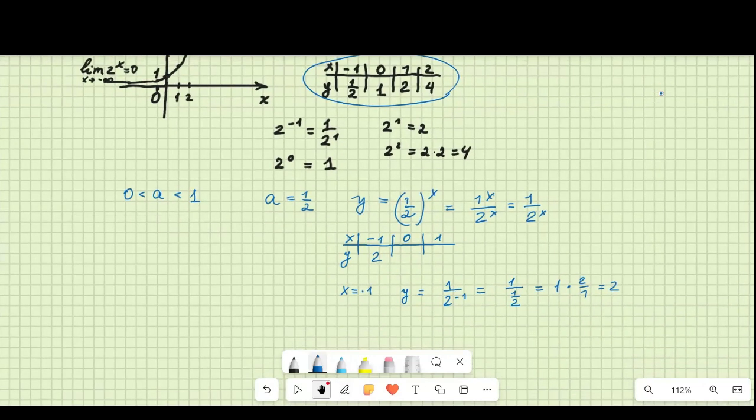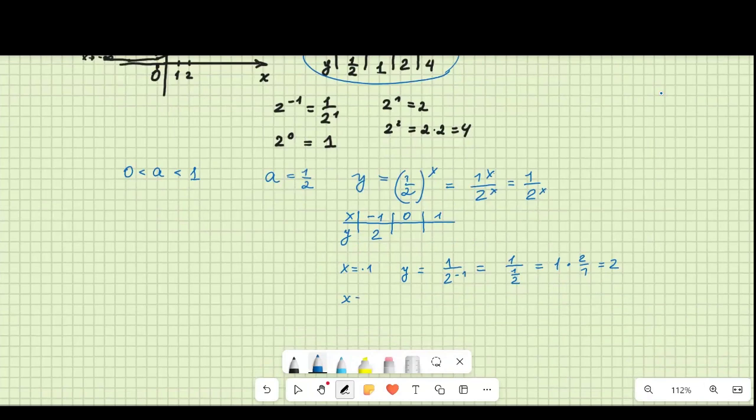0 is still going to have the same rule. When x equals 0, y is going to be 1 over 2 to the power of 0. And we remember from the previous function that it's just 1, and we have 1 over 1, which is going to be 1. And the power of 1, very convenient one.